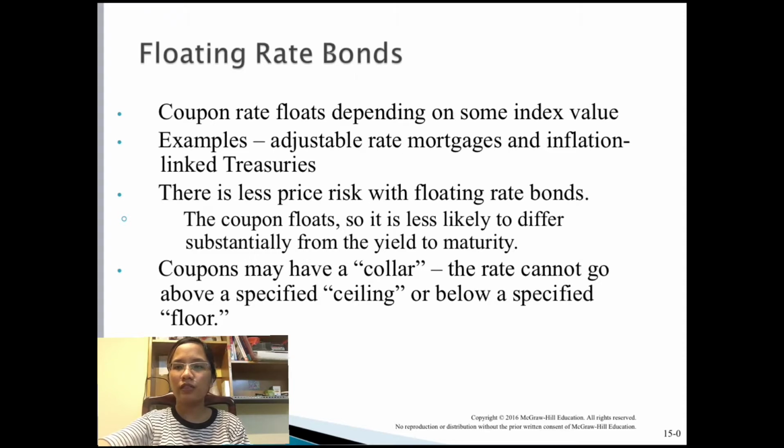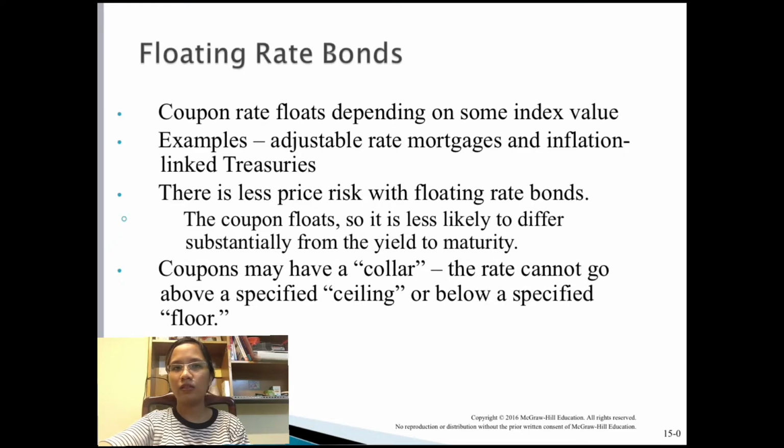Next is the floating-rate bond. This bond has a coupon rate that depends on index values, and a good example of this is inflation. This bond has less price risk.